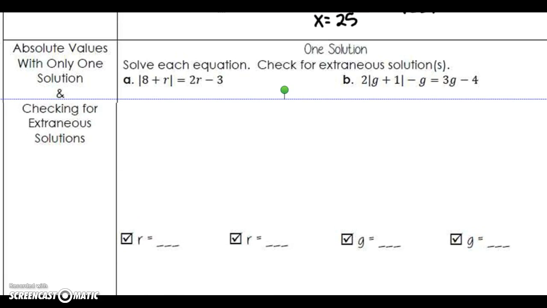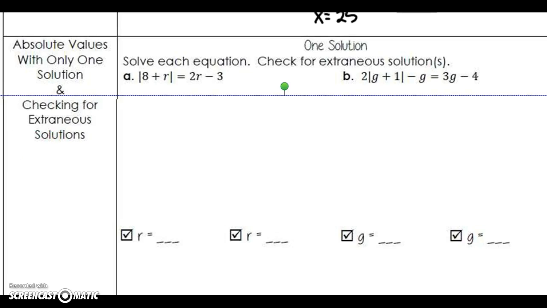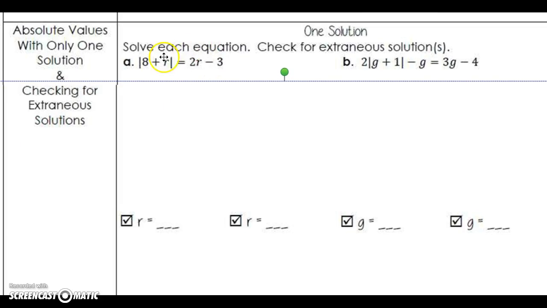So let's take a look at some examples here with absolute value. We're going to solve, finding our two solutions, and then we're going to check and see if, because possibly one or both could be extraneous, meaning are not a true solution, but we did it correctly solving-wise.